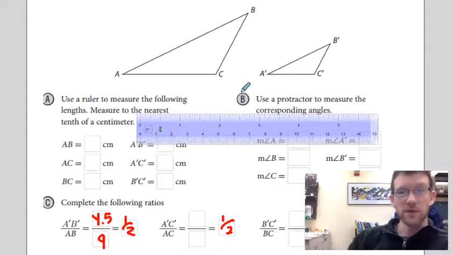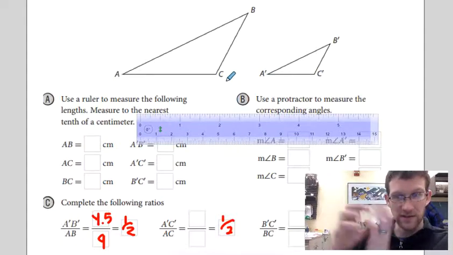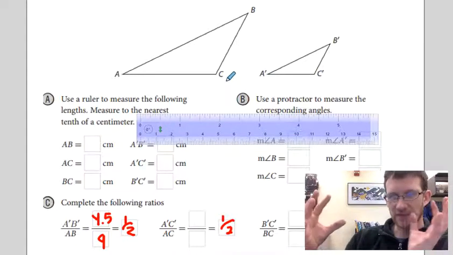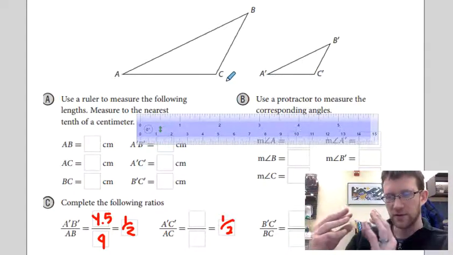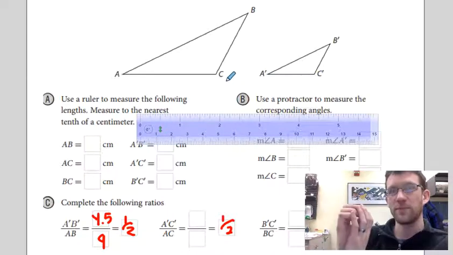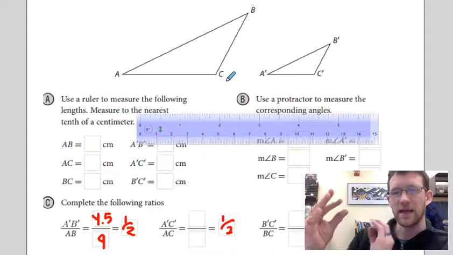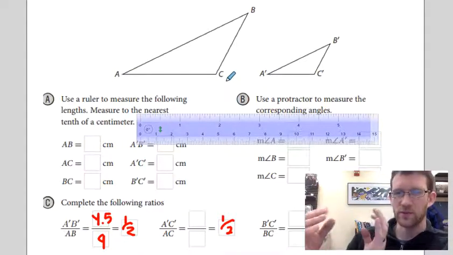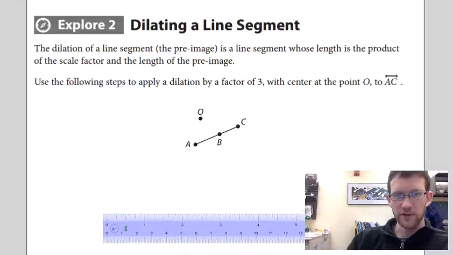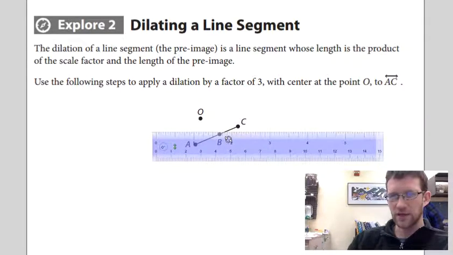Sometimes you'll have a scale factor greater than 1 where things get bigger, and then you'll have a scale factor less than 1, such as 1/2, where things get smaller. You won't ever have a negative scale factor. My apologies.